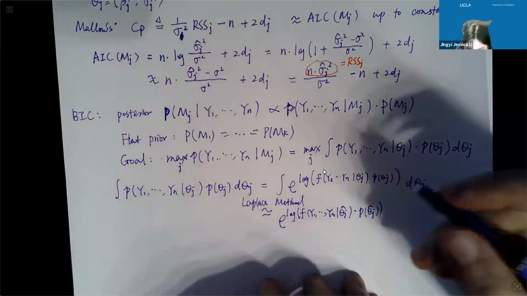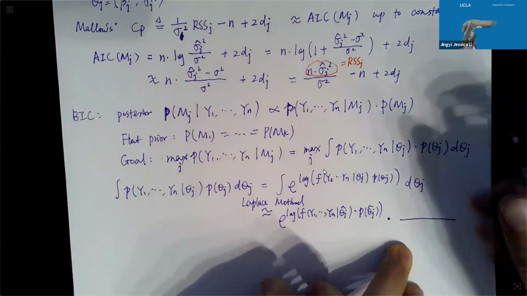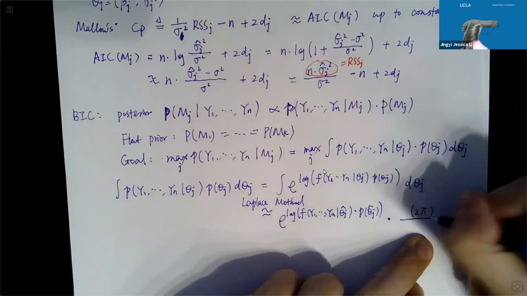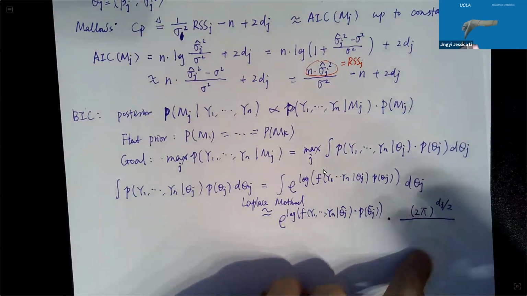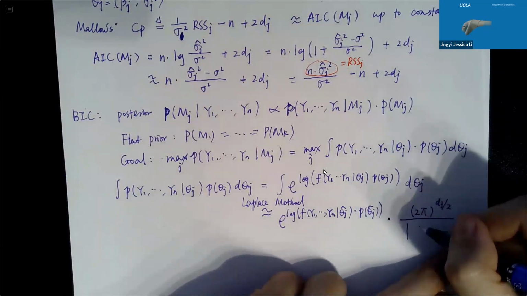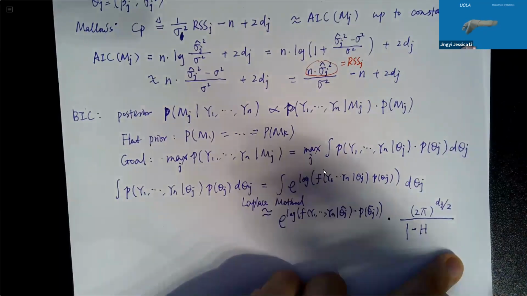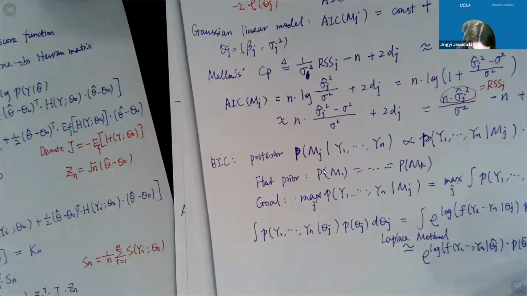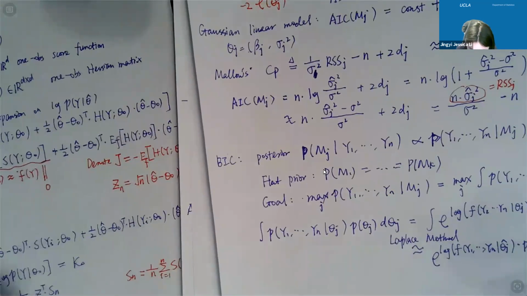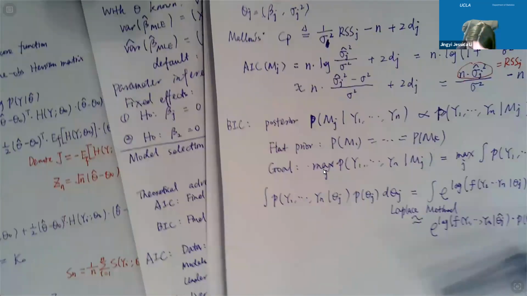For that part, I will have 2 pi to the power dj over 2. And here I'm going to have the negative of the Hessian matrix of the log likelihood evaluated at, let me check my notation for AIC, just to be a little consistent myself.